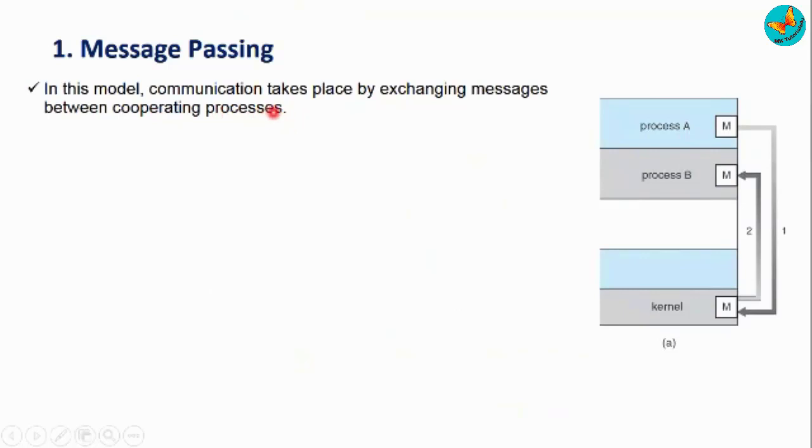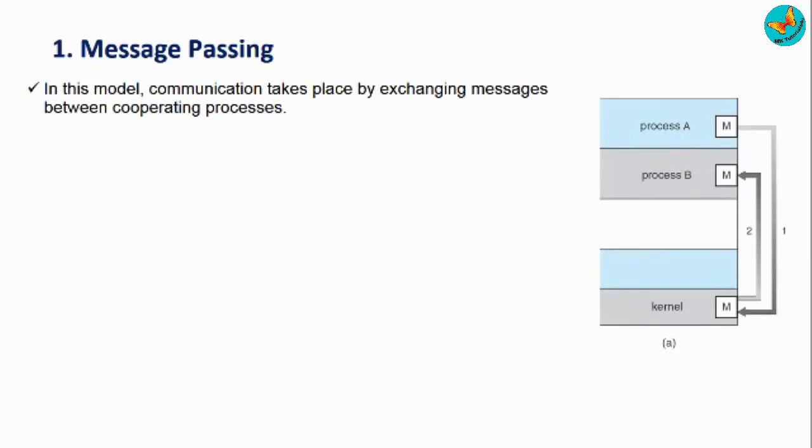Which are the cooperating processes here? Process A and process B. These are cooperating processes and they want to exchange some information between them. How are they going to do it? They are going to do it by sending messages. Hence this model is known as the message passing IPC model.